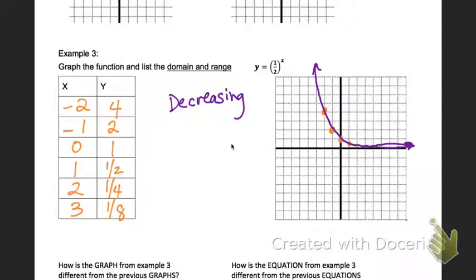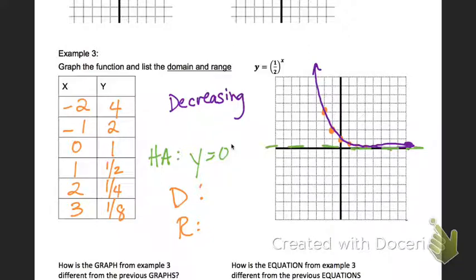But is the asymptote still the same? Yes. So the asymptote doesn't change. We've still got a horizontal asymptote at y equals 0. What about the domain and range? Does that change? Yes or no? Actually, no, it doesn't.